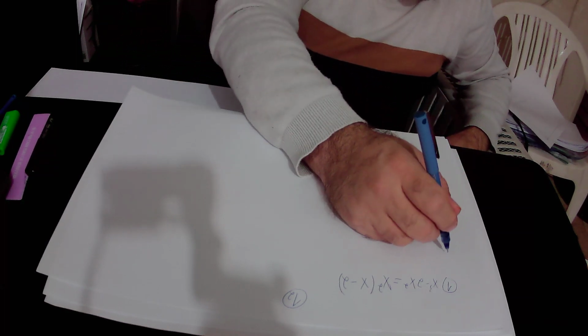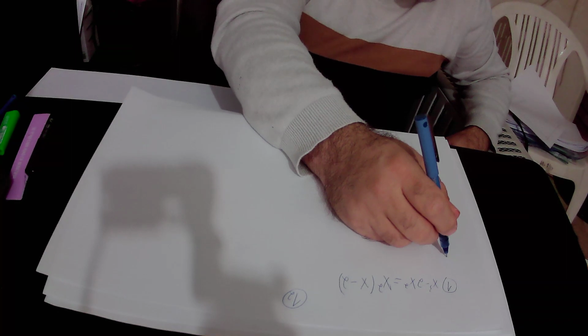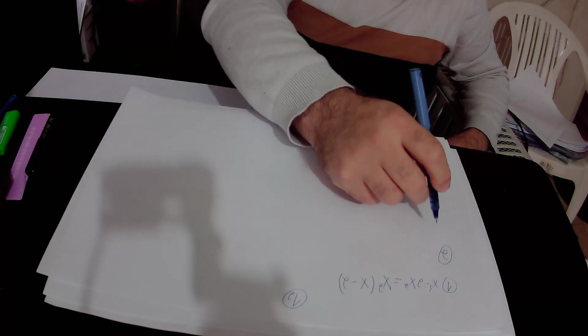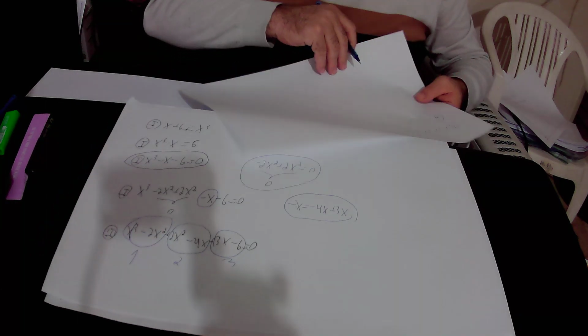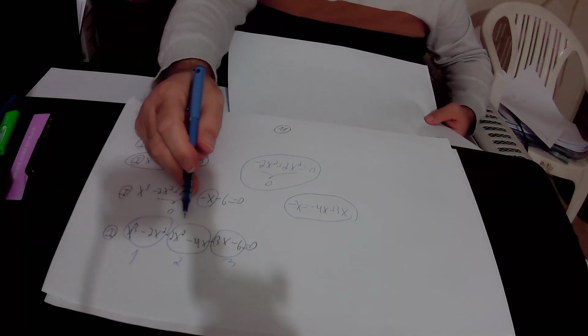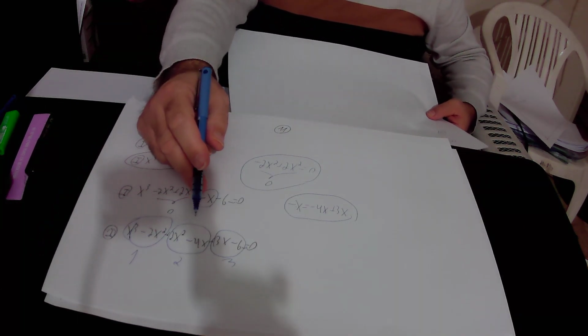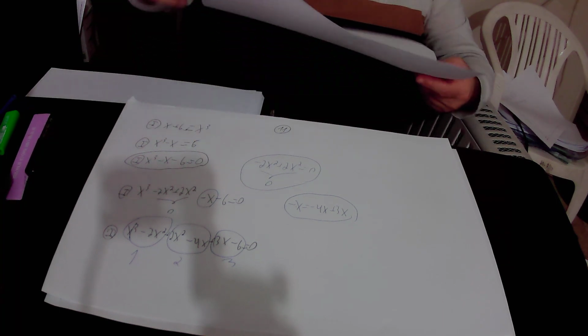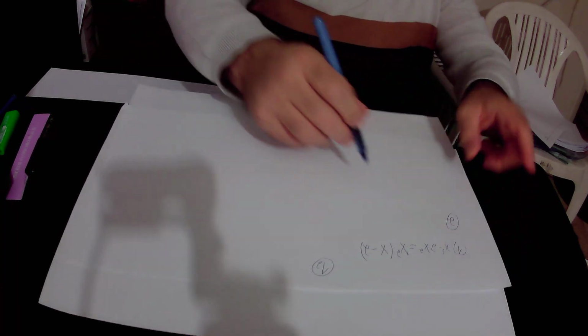We will repeat the same process on part number 2. Part 2 is actually 2x squared minus 4x.